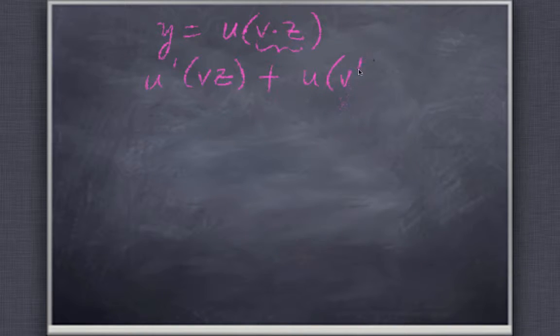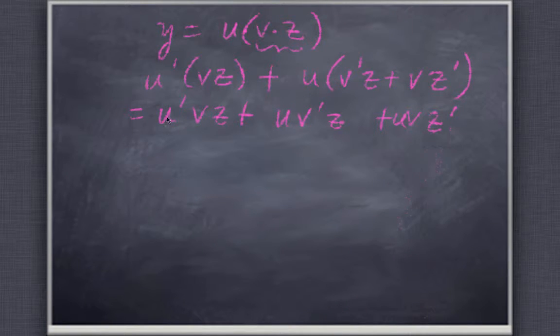So inside I have v prime z plus vz prime. So I've applied the product rule 2 times. So I have u prime vz plus uv prime z plus uvz prime. So note that I had 3, before when I had 2 functions, I had 2 things added up, one derivative, one not.